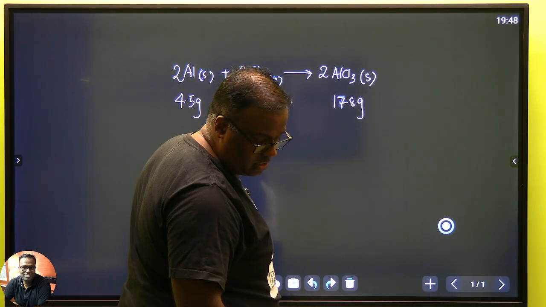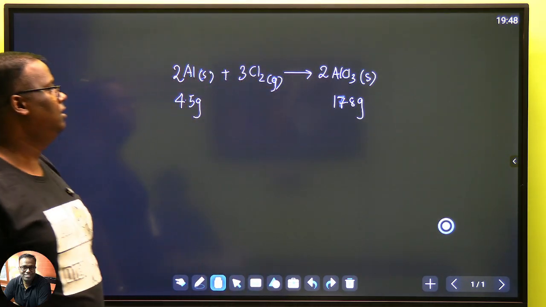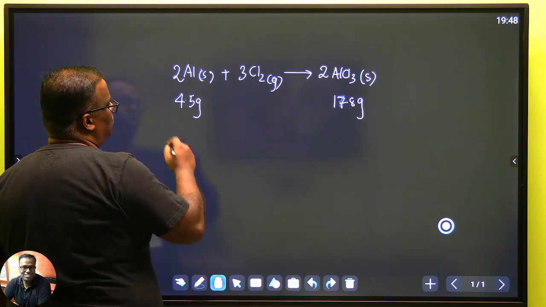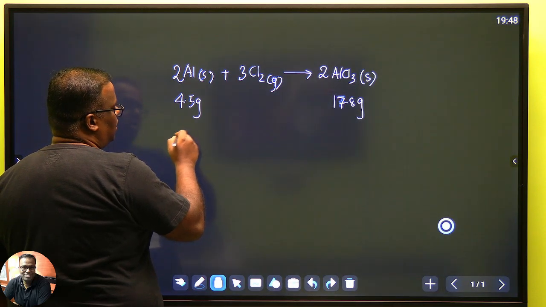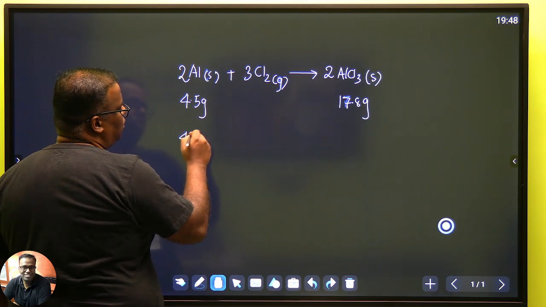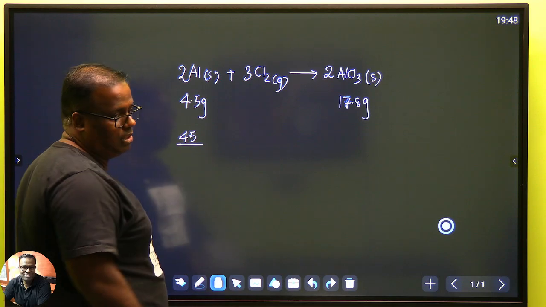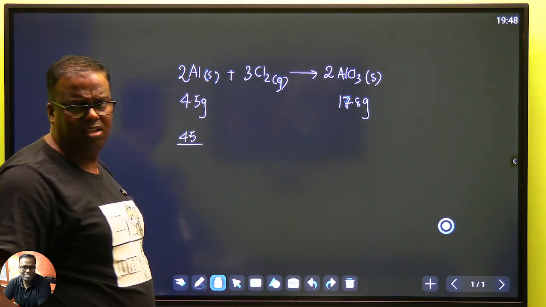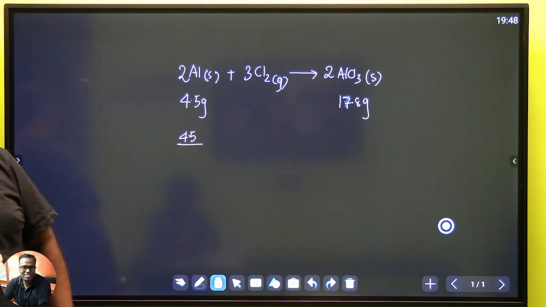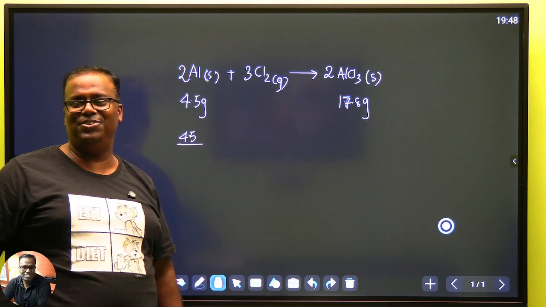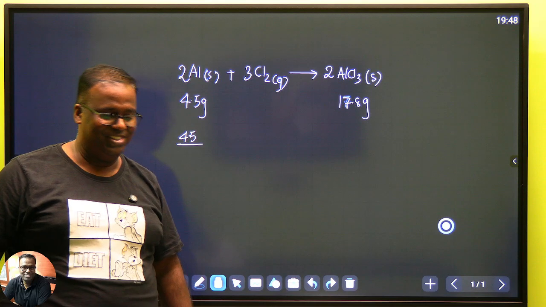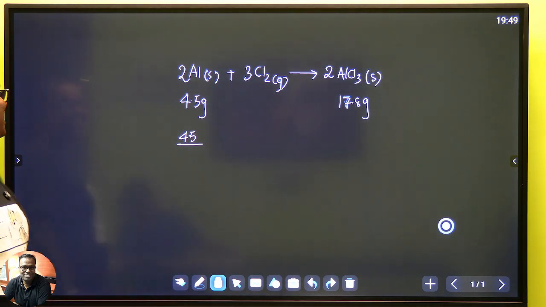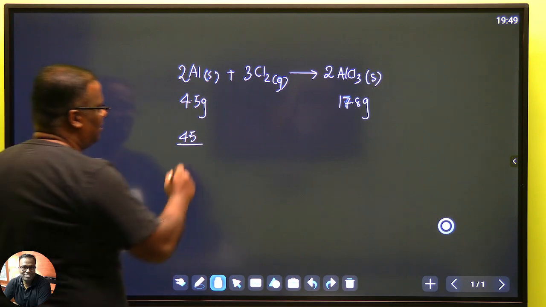Can we have a quick conversion into moles? They are asking us calculate the percentage yield. Let's have a quick calculation of moles. How much of moles of aluminum did we have? Look at the data for aluminum. 4.5 divided by aluminum का कितना है? 13 ग्रुप 13 में होता है. एल्यूमिनियम चेक करो. 27. हाँ, so 27.